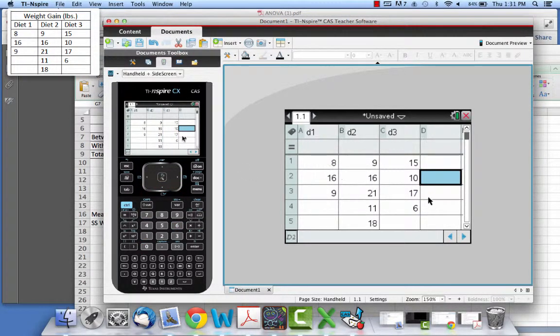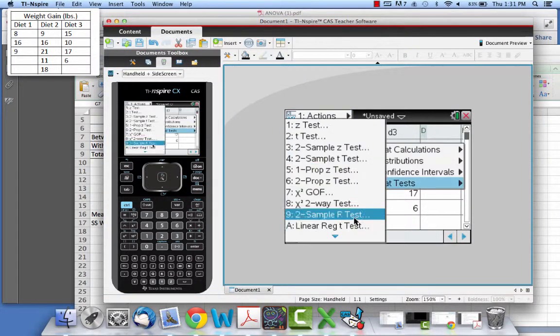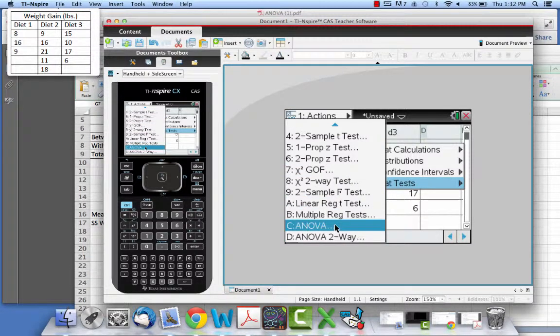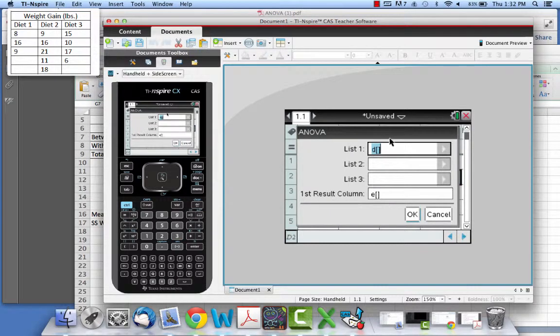Okay, so now, menu, statistics, tests. Go down here to Anova, and say data. We have 3 groups, 1, 2, 3, and they are D1, D2, D3.